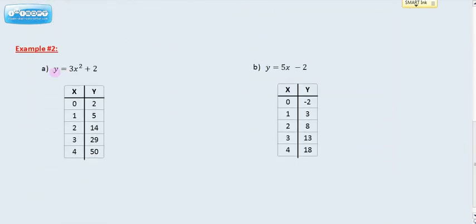So here I have two equations, A and B, where the equation A is y equals 3x squared plus 2. I've created a table of values already, so let's look at the first difference in my x's and my y's. Here I see that my x is increasing by 1 each time.